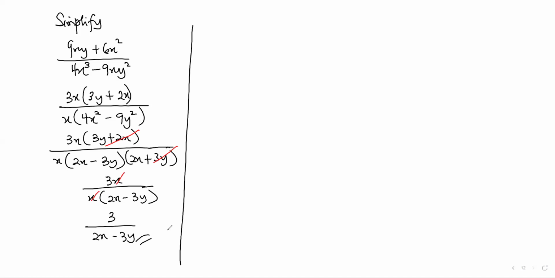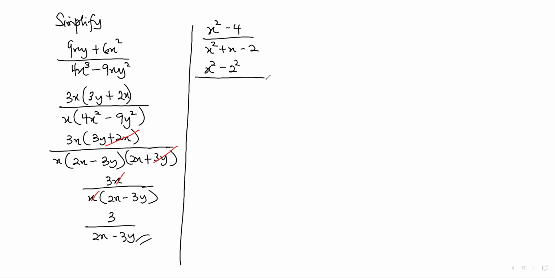Okay. Let's take another question. Simplify x squared minus 4 divided by x squared plus x minus 2. So once again, the numerator is a difference of two squares, which will be x squared minus 2 squared.